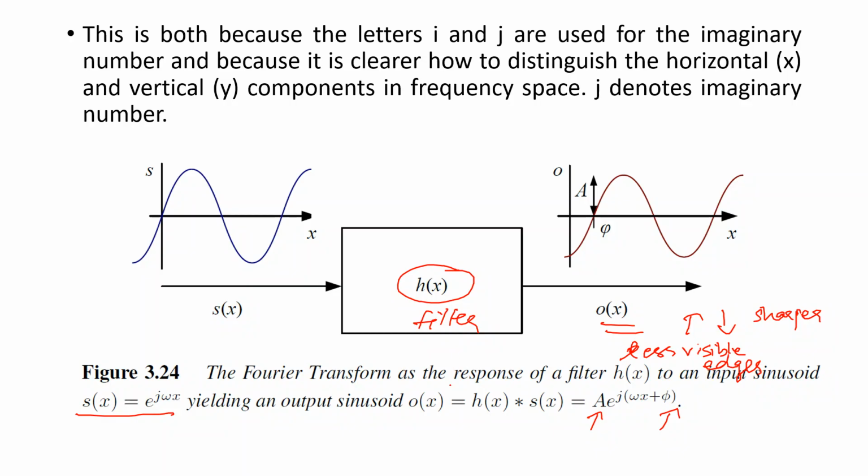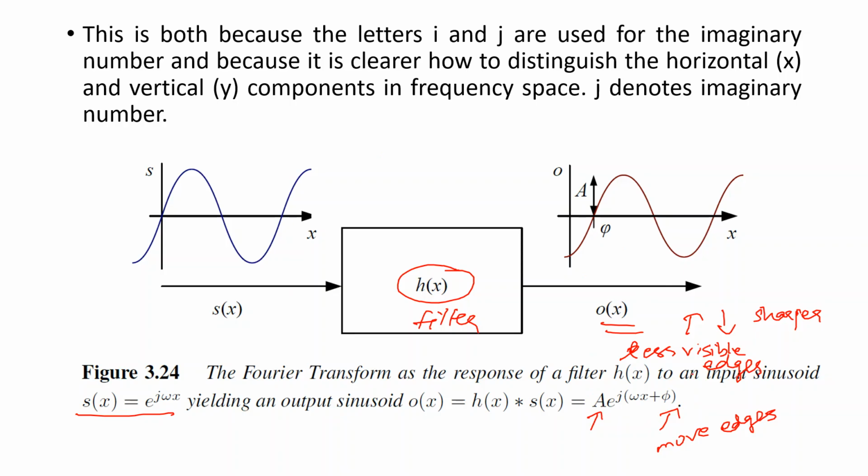And psi represents a shift. A shift means we will be able to see the movement of edges or features in an image on applying the filter. The original image will have the edges in a certain part; on applying the filter, the edges would be moved. That is represented by the shift.